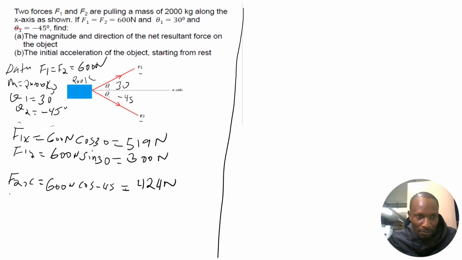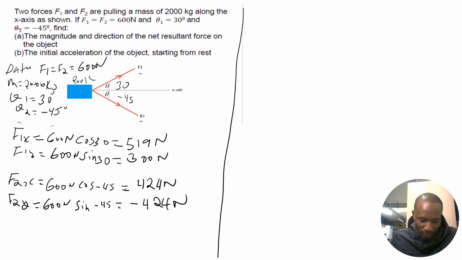And in the y component, F2y is going to be 600 newtons sin minus 45, and that gives us minus 424 newtons.